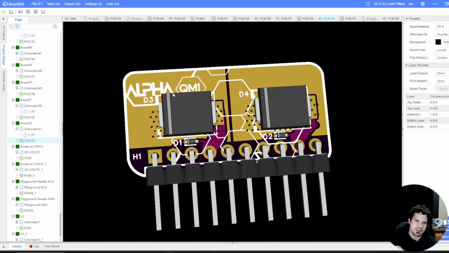Well, they're essentially the same IC. If you actually desolder from your ECU and take a look at how it handles the traces, you'll find that it bridges a specific set of traces for QM1 and it bridges a specific set of traces for QM2.